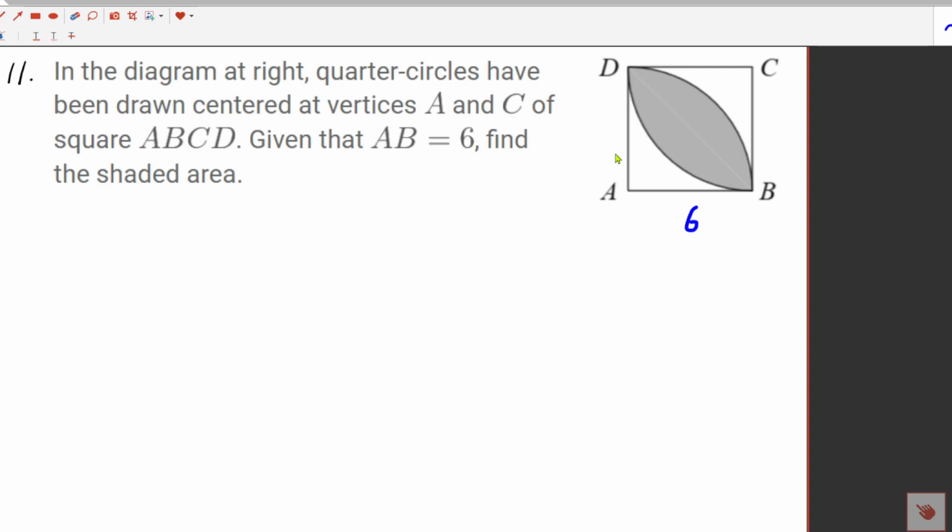These two regions are congruent, so what we seek is twice the difference between two areas, which is the area of sector DAB and the area of triangle BAD, right?